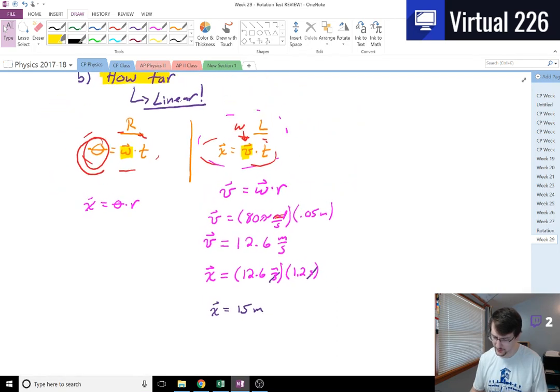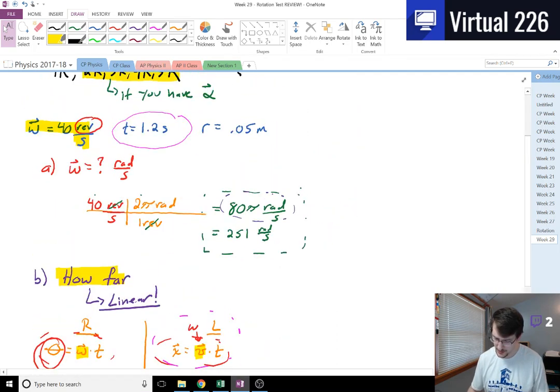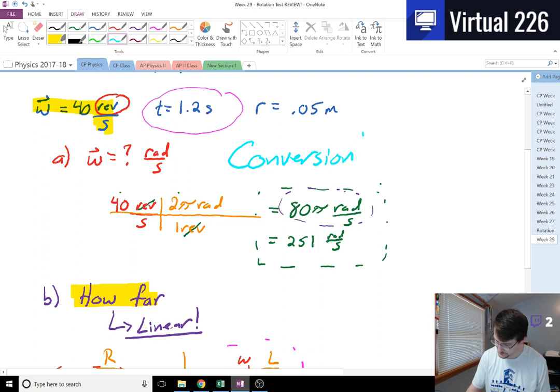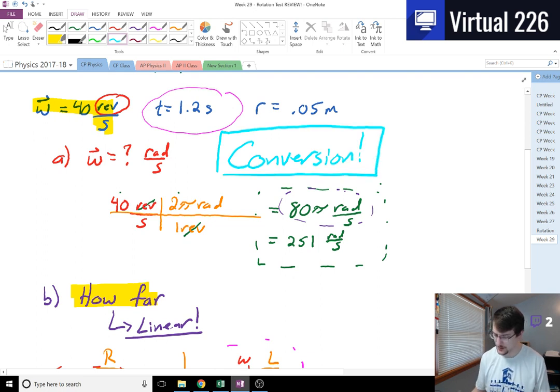Important takeaways from this problem: in the beginning, make sure that you are doing a conversion. Make sure you know your conversions. Those are on the back of the best friend. 1 revolution equals 2 pi equals 360 degrees.